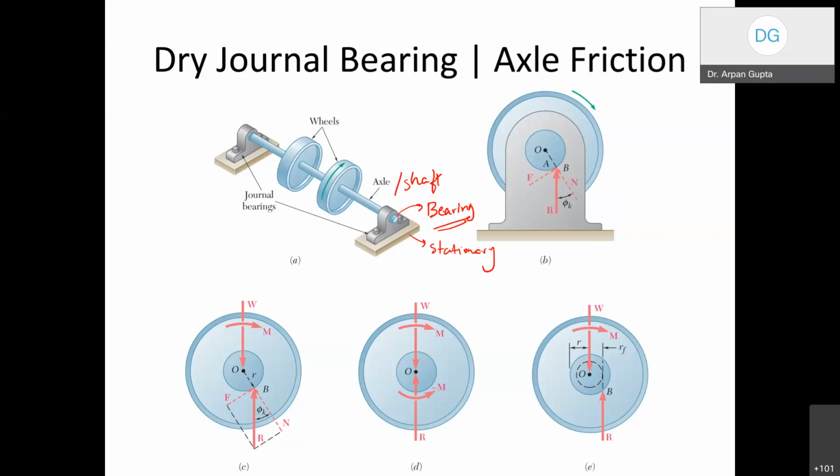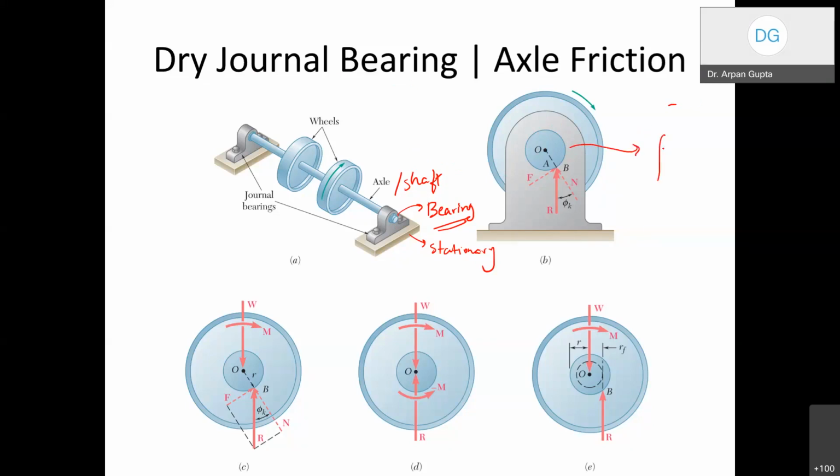Bearing again is a big topic, with a lot of different types. We are going to talk about what is called a journal bearing. So, what is a journal bearing? If you see it from the side view, this is the section of the side view, and this part is called the journal bearing.